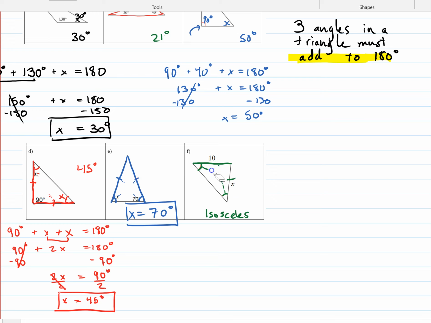It has to be equal to this side, because it's isosceles, two equal base angles and two equal opposite sides. So again, no work to do there, you just have to know the definitions and properties of isosceles.